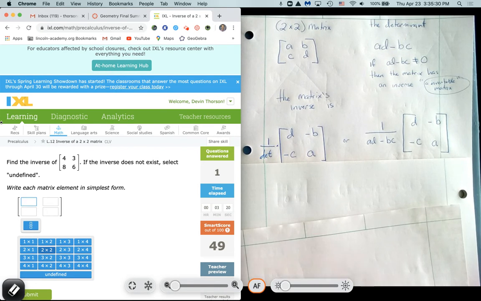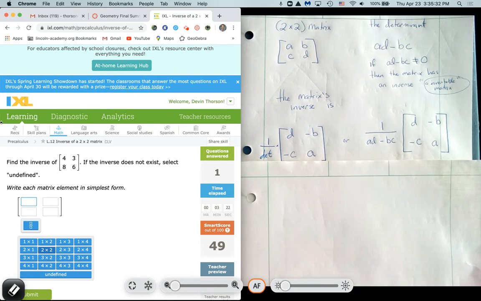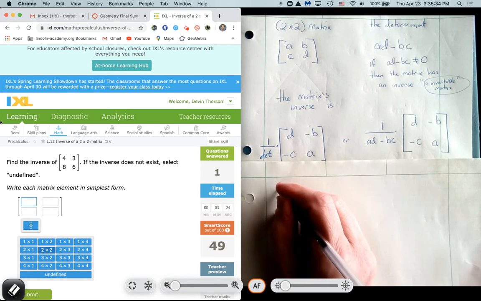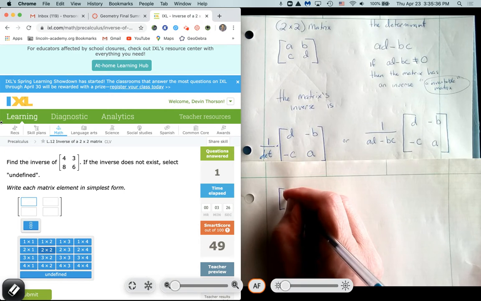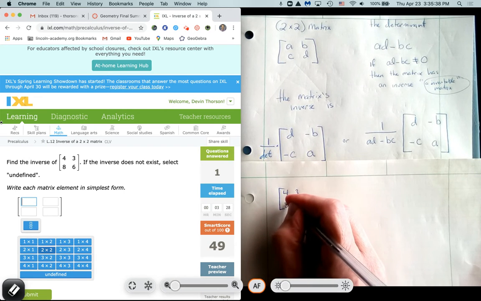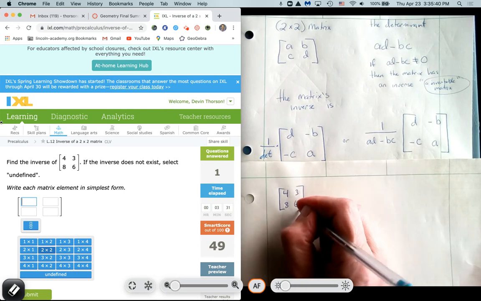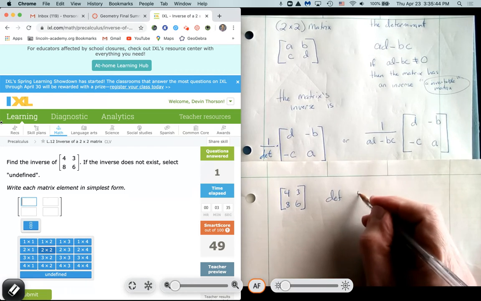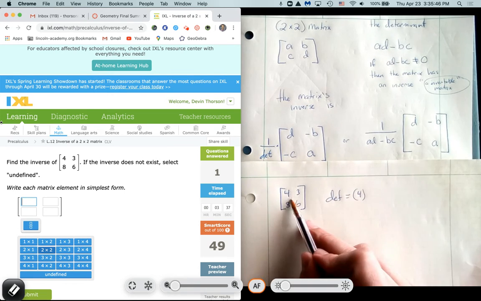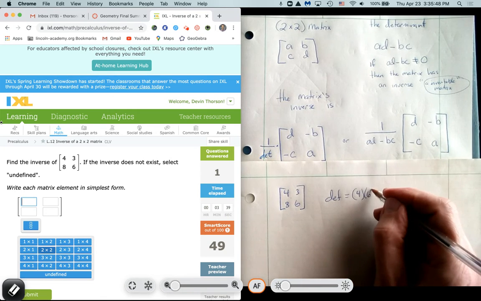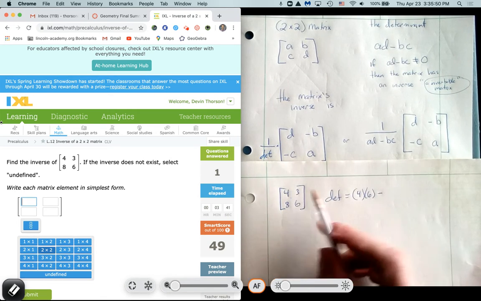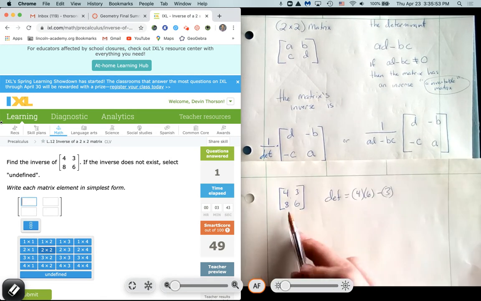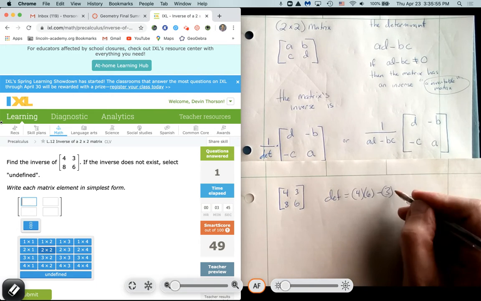What I'm going to do is take this matrix that's 4, 3, 8, 6, and the first thing I'm going to do is find the determinant, which is A, 4, times D, which is 6, minus B, which is 3, times C, which is 8.